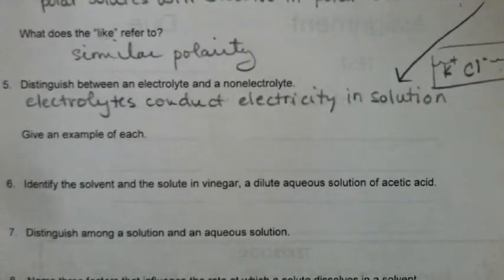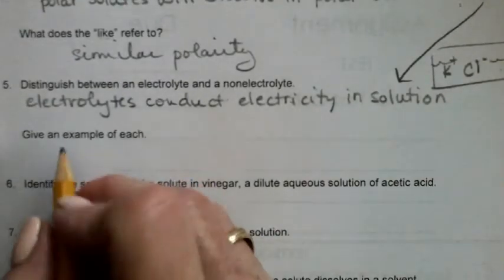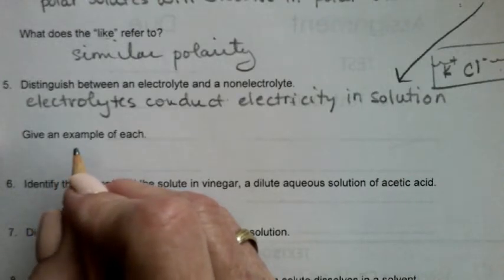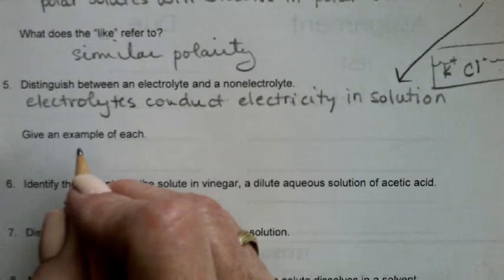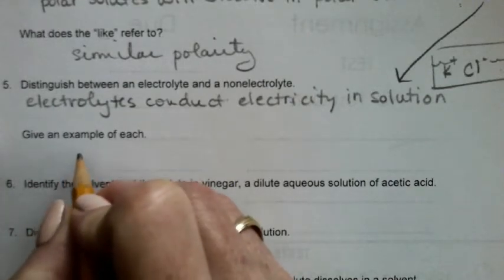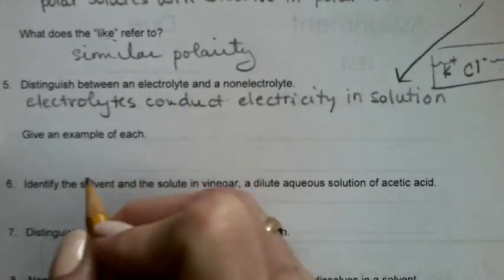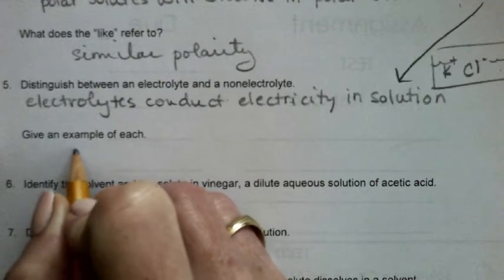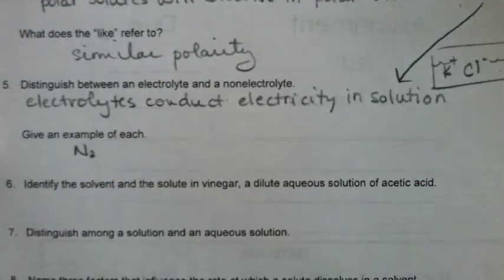Something would be a non-electrolyte. A non-electrolyte would be, let's say, something that's super nonpolar covalent. I hate to give you something simple like a gas, because you can dissolve a gas in a liquid. So let's say we're going to dissolve some nitrogen gas in water.